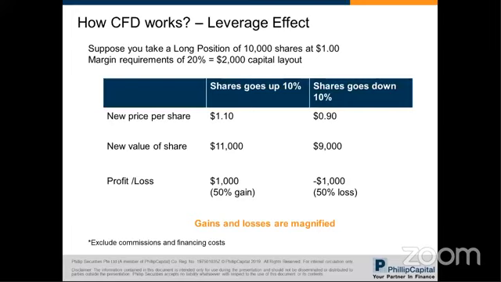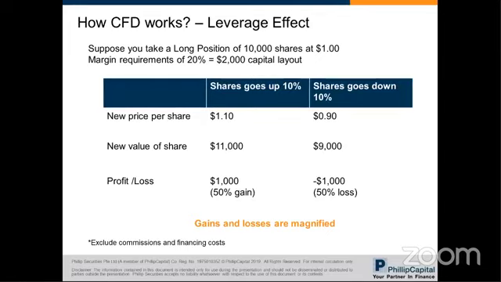Okay. So on this term about leverage, how it works is, we can take an example with a hypothetical counter which is priced at $1. Say you need to provide us with a margin requirement of 20%, meaning you have to put at least 20% of the value of the contract or the exposure that you wish to take up front as collateral, as a cash deposit, before you can take a higher position.